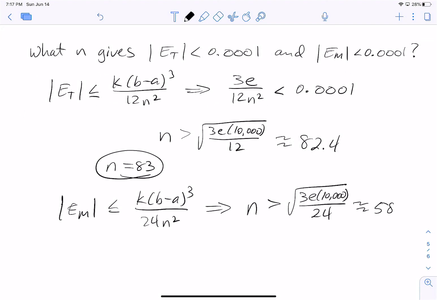That's approximately 58.3, and so we'd say that n is equal to 59. And so for the same desired accuracy, the midpoint rule requires us only to have an n of 59, whereas the trapezoidal rule requires us to have an n of 83.